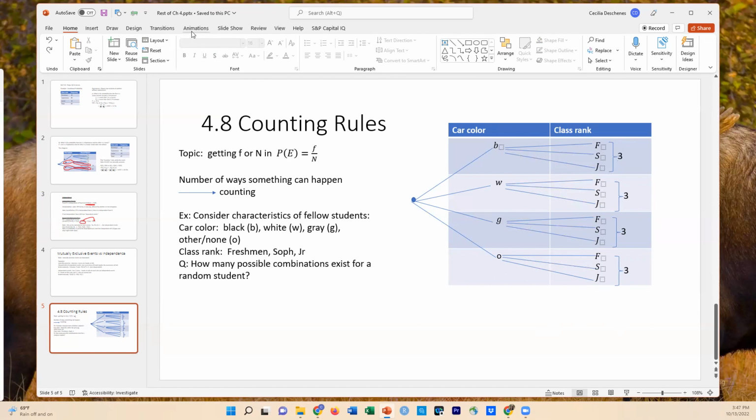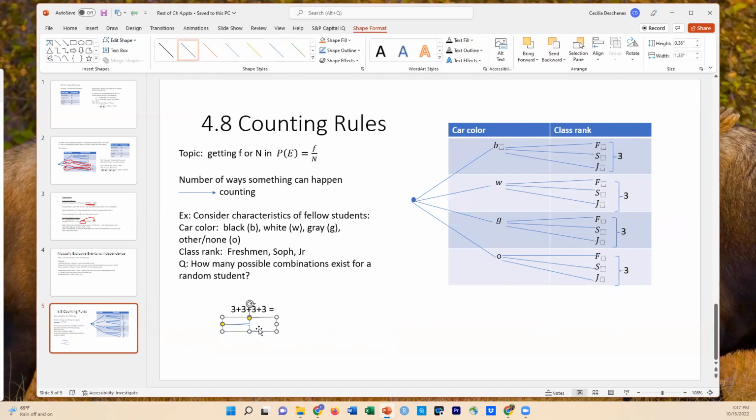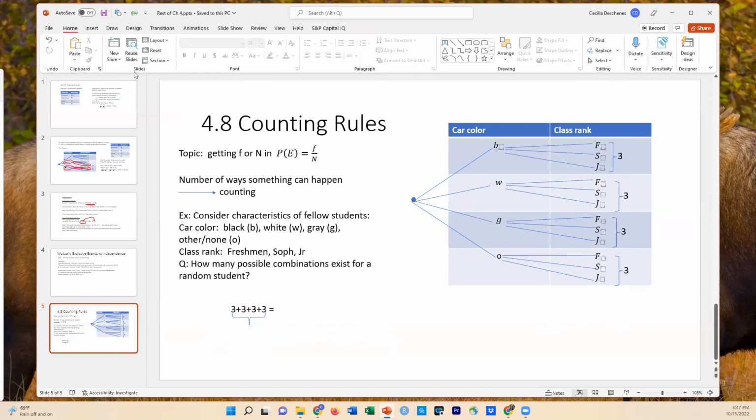If we want to count up how many of these we have, it's 3 plus 3 plus 3 plus 3, which is 3 four times, which is 4 times 3, which equals 12.